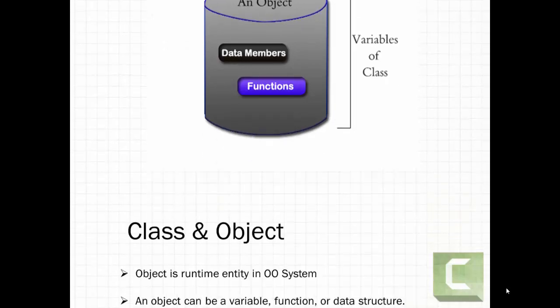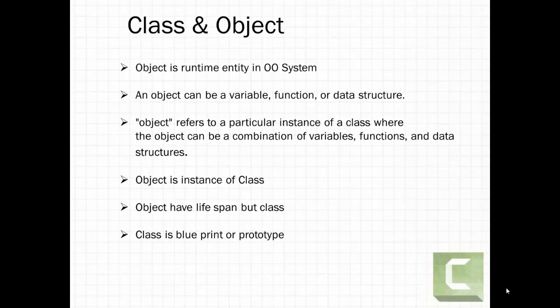So to summarize class and object, an object is a runtime entity of an object-oriented system. An object can be a variable, it can be a function, meaning the return type of the function or a parameter in the function, or any data structure like hash map, hash table, array, linked list.